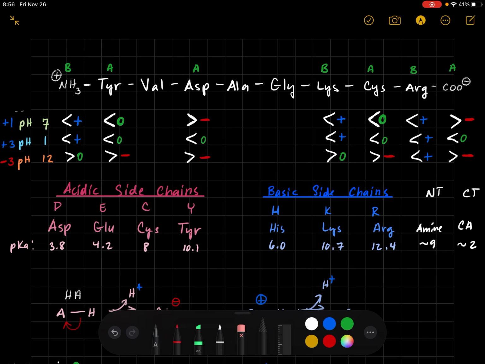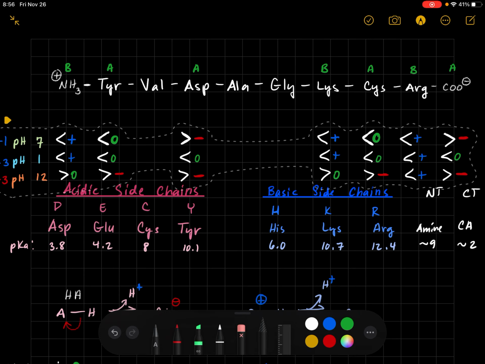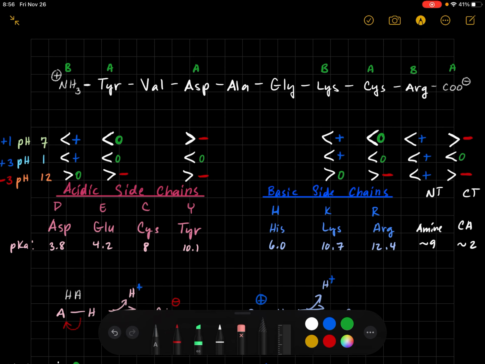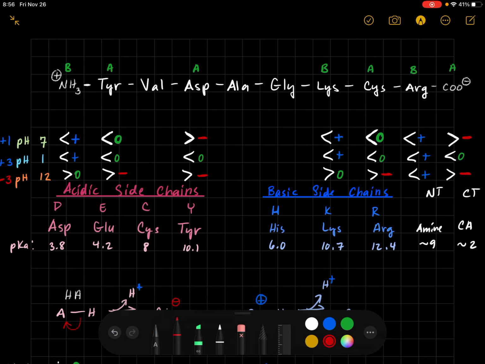Let's do one more example at an intermediate pH. Let's say that the pH is 8.5.